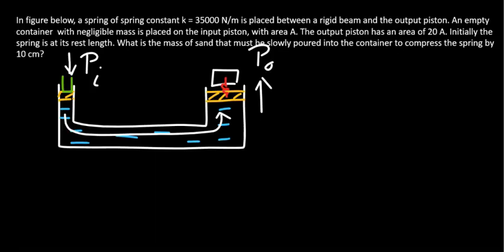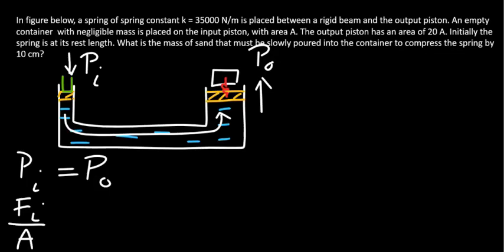So Pascal's law says Pi equals Po. Now Pi is the force exerted on that input piston over the surface area of that input piston, and Po, the output pressure, equals the force exerted on that beam through the spring, namely the spring force, over the area of that output piston, so we know it is 20A if A is the area of the input piston.